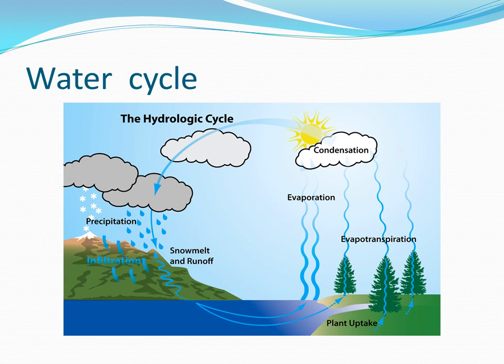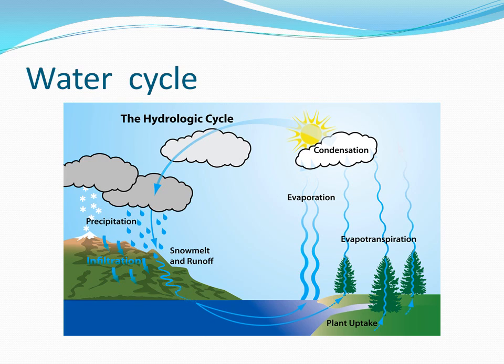Now see the diagram, the water cycle. You can see four things here. First evaporation, then condensation, third precipitation and then collection. See here, first one is evaporation.